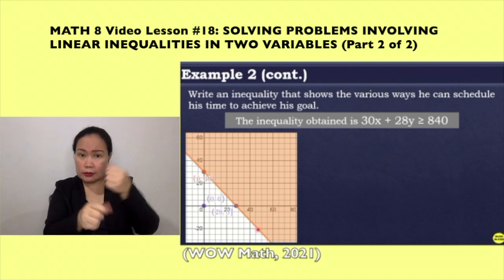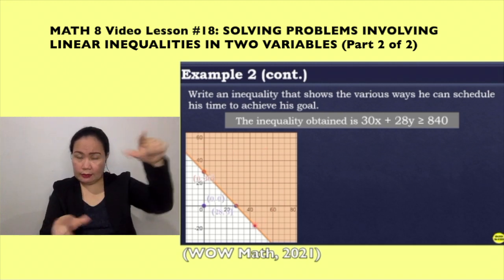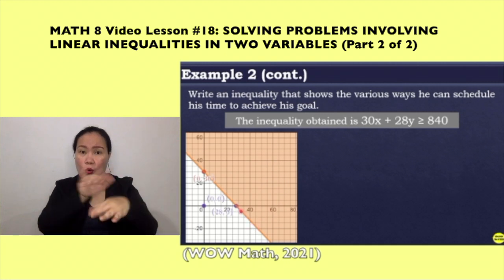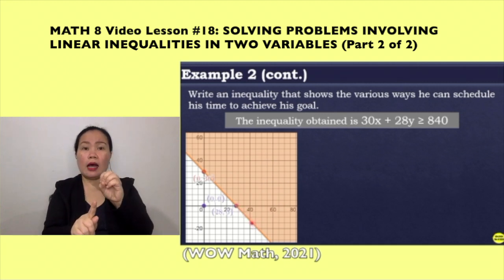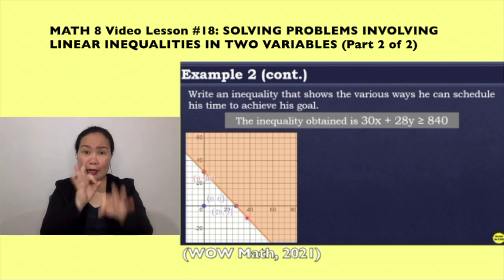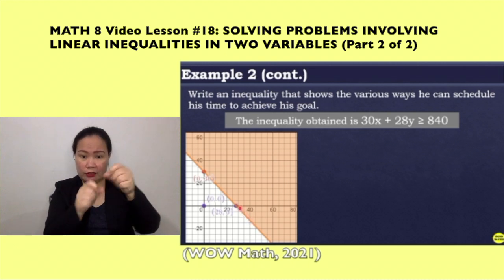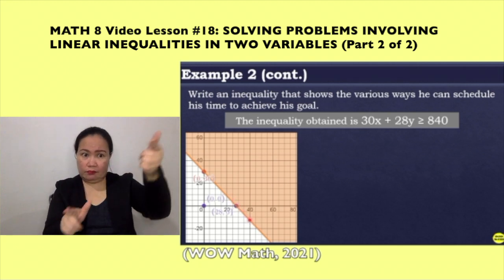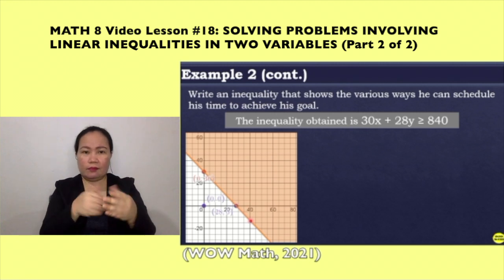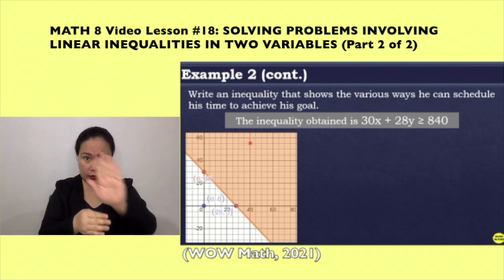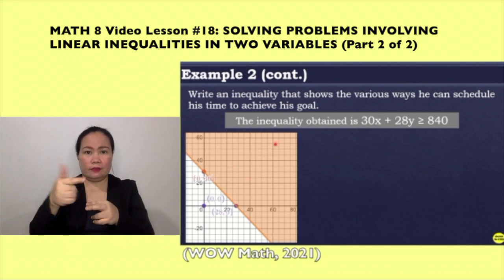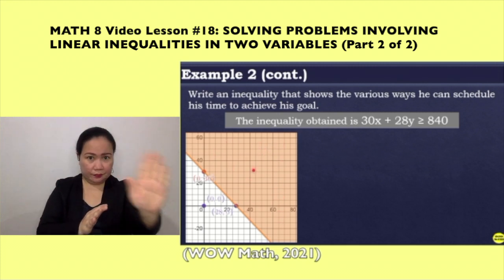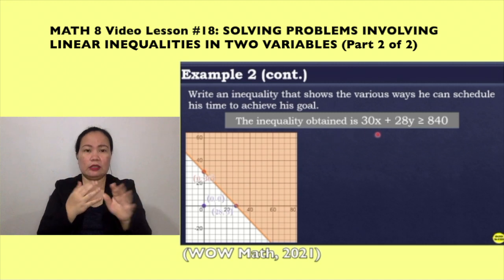So, ito yung tinatawag nating boundary line. If it's solid, all the points na naglalay dito sa line na to are also solutions. Pero if it's broken, lahat ng points na naglalay dito sa line are not part of the solutions. Okay? Only the shaded region. So, ito po yung tinatawag nating shaded region. So, ibig sabihin ito po yung solutions ng ating inequality.